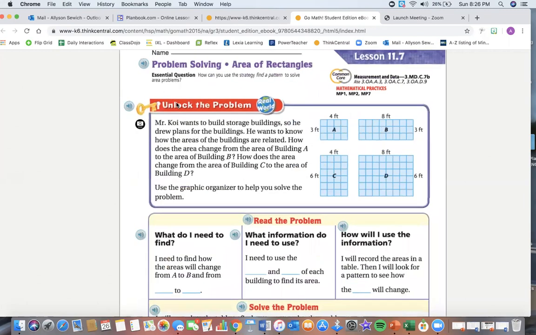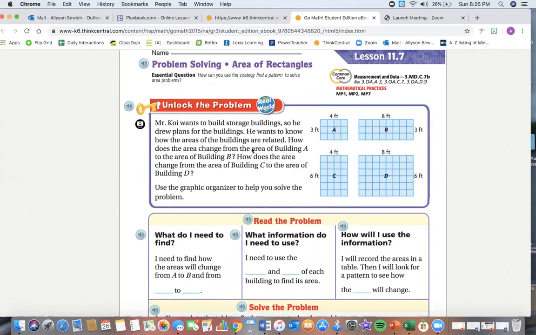All right, so Mr. Coy wants to build storage buildings, so he drew plans for the buildings. He wants to know how the areas of the buildings are related. Okay, so he's comparing A to B and C to D in this picture.